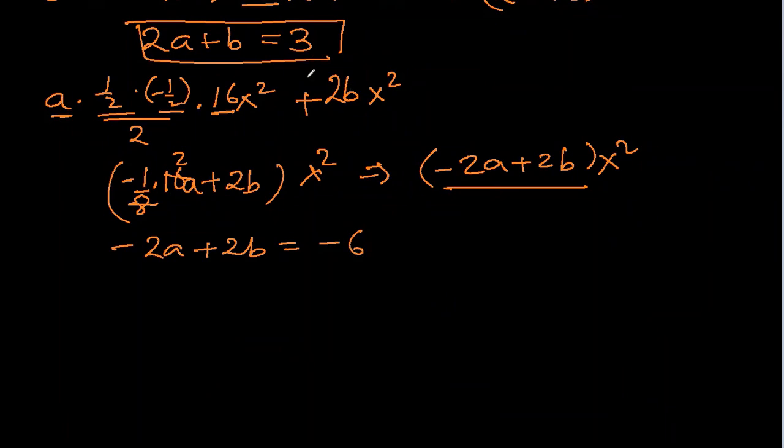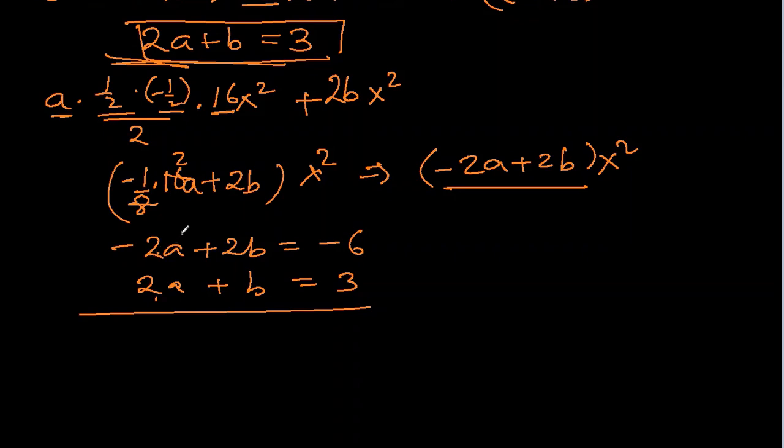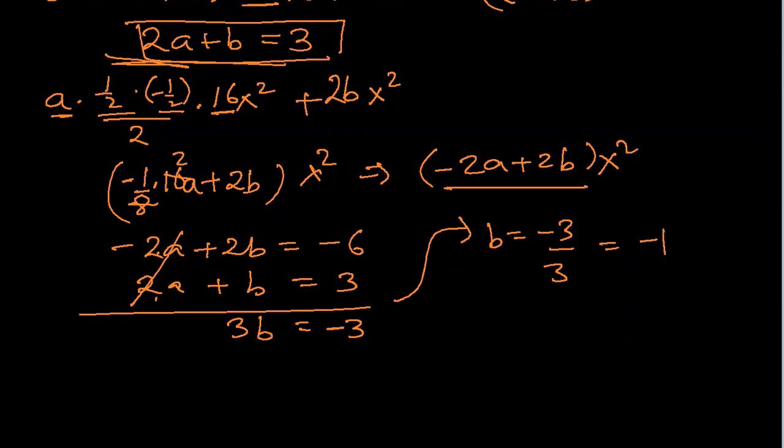So now to eliminate one of them, let's add this previous equation with this. So 2a plus b equal to 3. And since minus 2a and 2a are of opposite signs, they can cancel out. 3b equal to minus 3. And that gives us b equal to minus 3 over 3, that is minus 1.